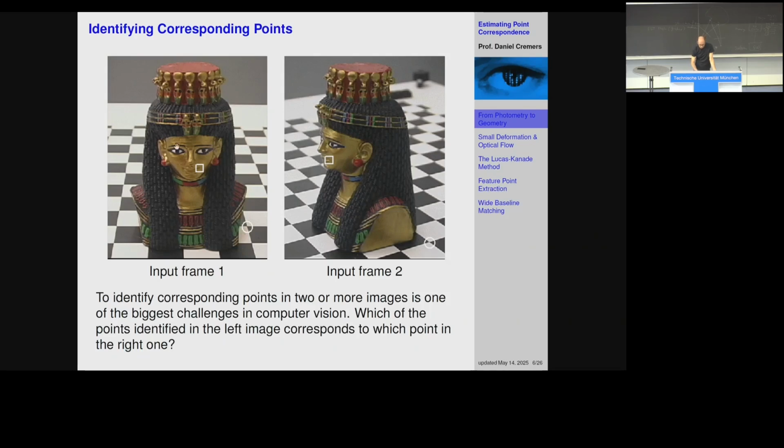Why is it difficult? Yet again, because typically you would assume correspondence based on some notion of color similarity. The brightness, the color should be similar if it's the same point. Well, look at this part of the mouth, right? Since this statue has a metallic appearance, it's very shiny, that means the object is not what's called Lambertian.